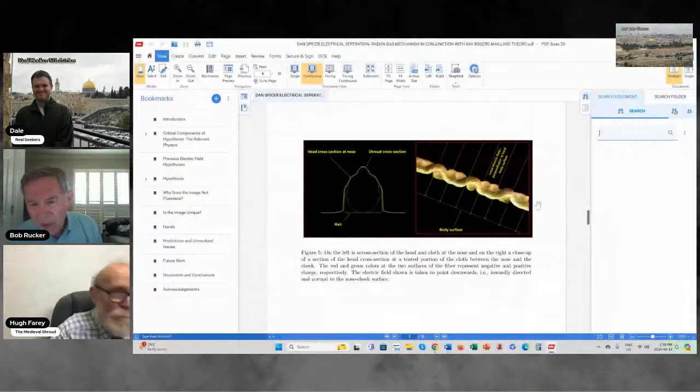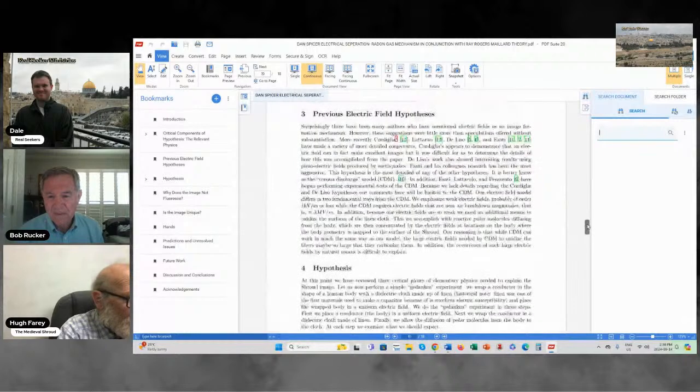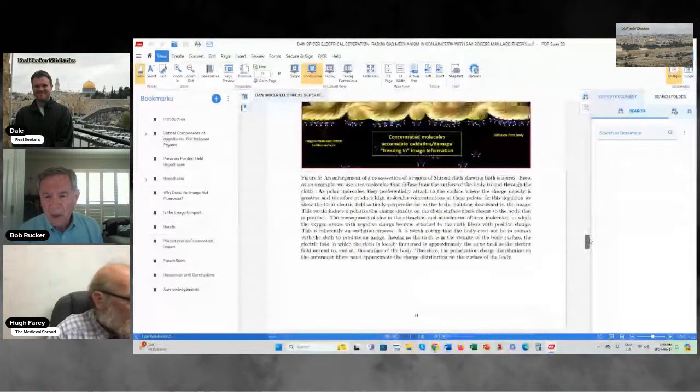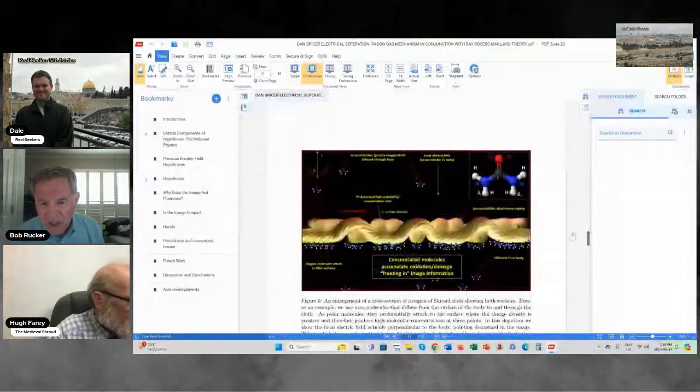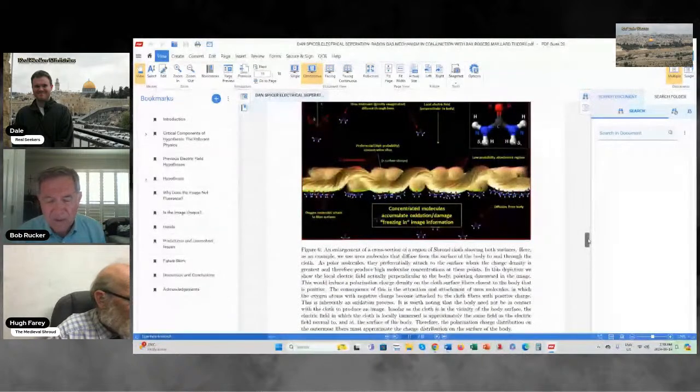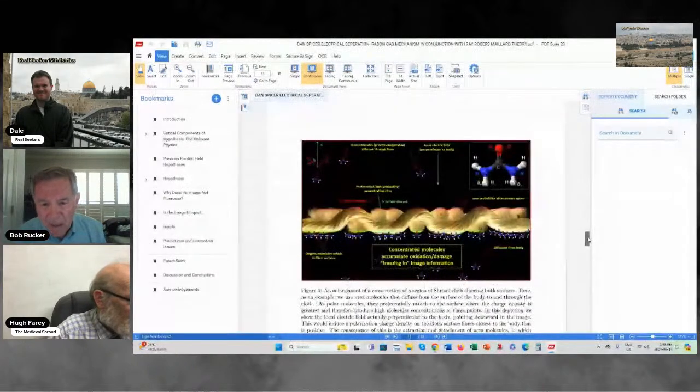Oh, okay. So here, if you go to the next diagram. Okay, this is the one where the cloth represented by this twisted fabric is then rotated so that positive charges are on one side and negative charges on the other, and that's very doubtful.